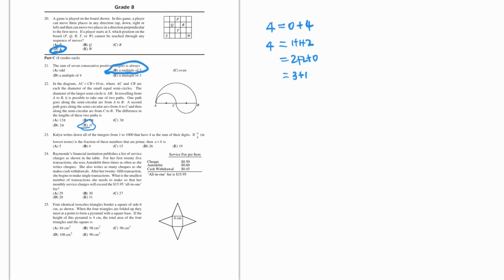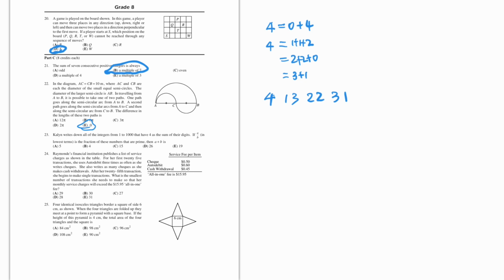So, for the one-digit numbers, where the sum of the digits is 4, it's just 4. The 2-digit numbers are 13, 22, 2 plus 2, and 31, that's all.